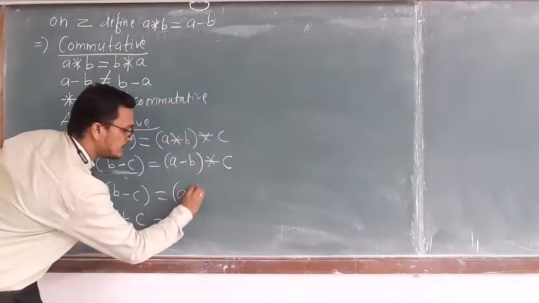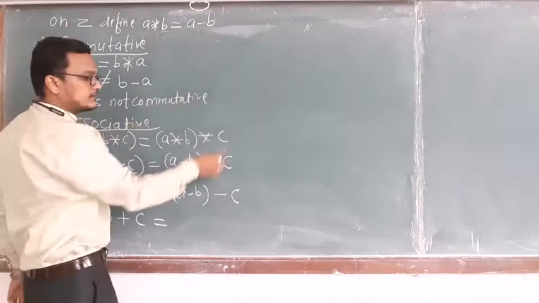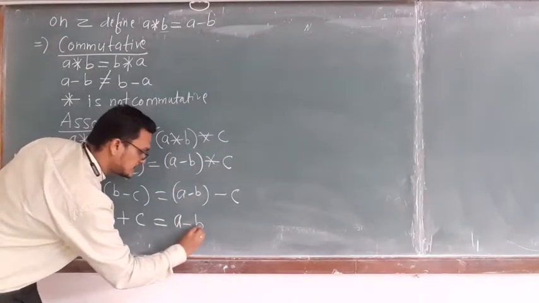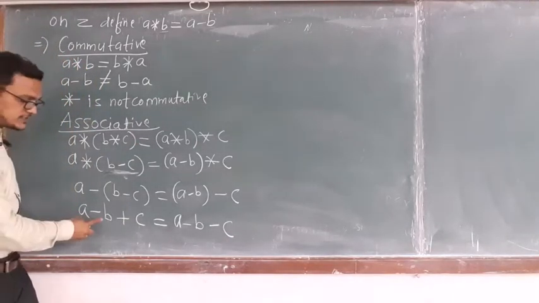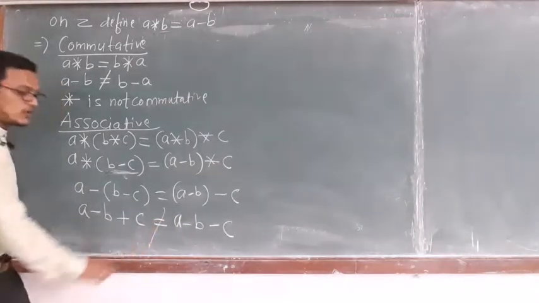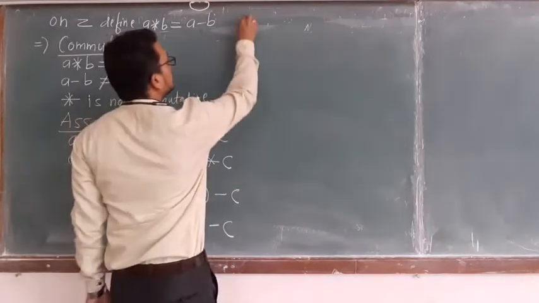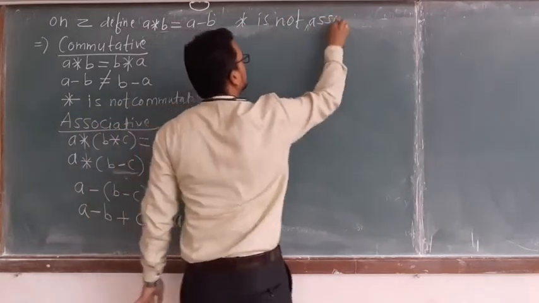So it is (a minus b) minus c, with c in the place of b. Just remove the bracket: it is a minus b minus c. If you observe, the LHS is a minus b plus c and here it is a minus b minus c, which are not equal. Therefore, star is not associative.